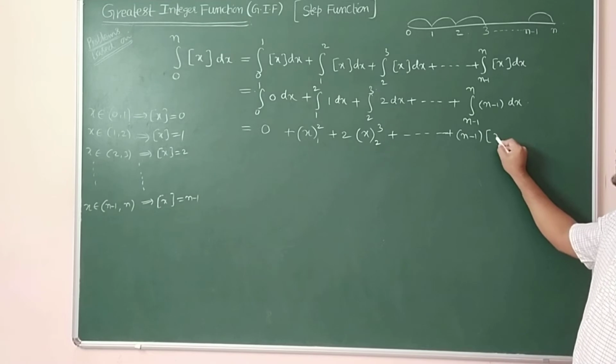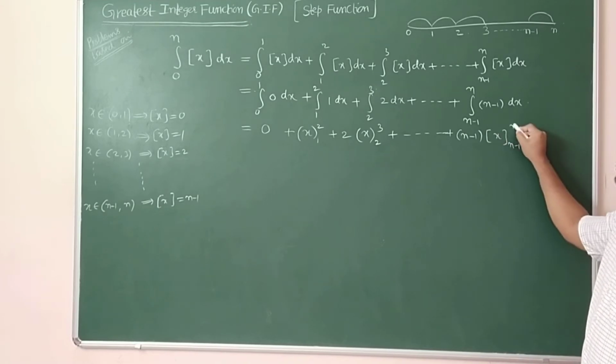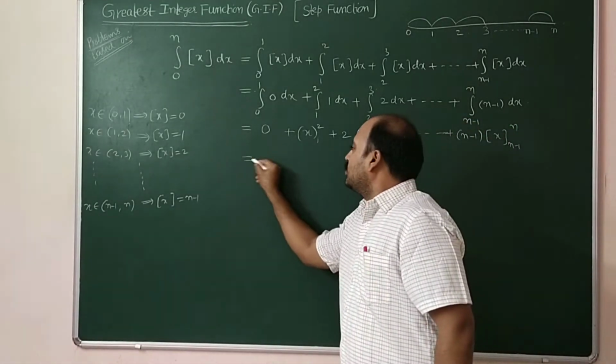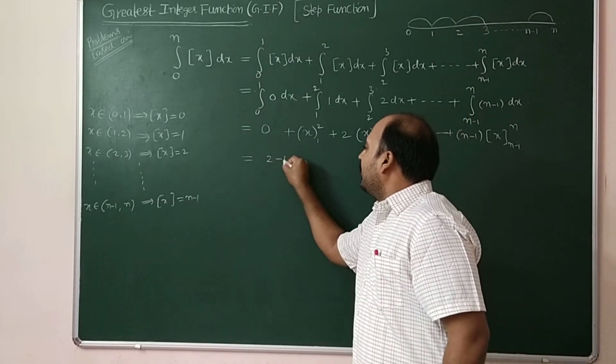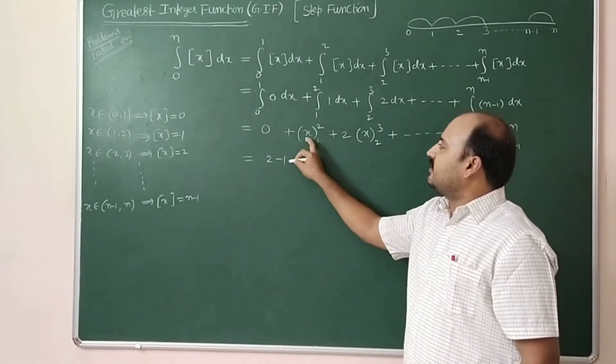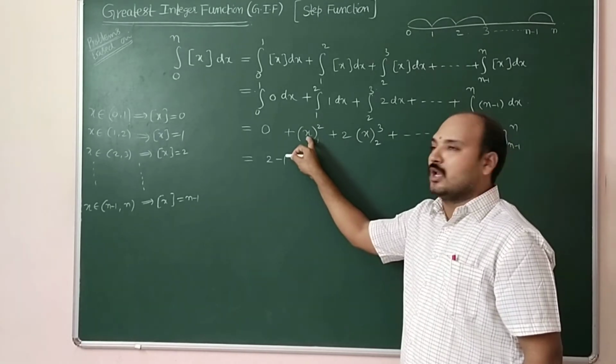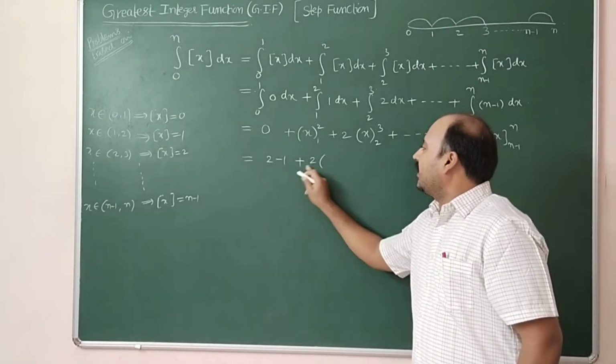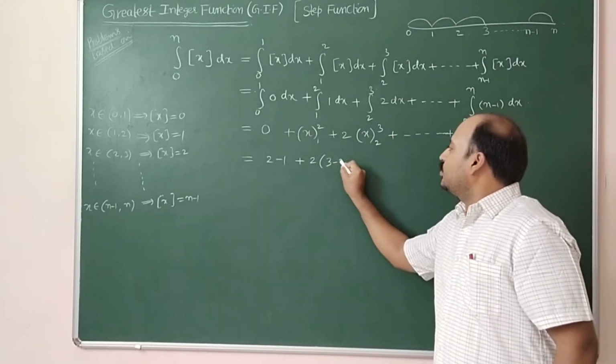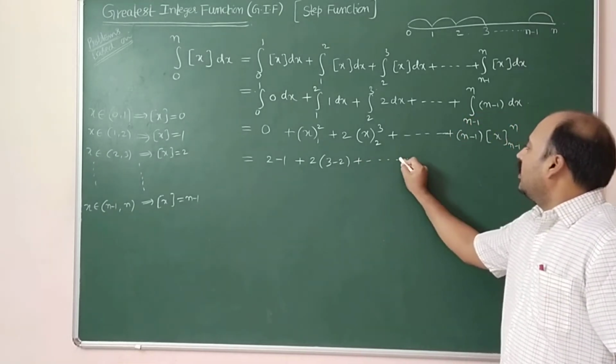Integral dx is x, applying the limits n minus 1 to n. So which is equal to 2 minus 1, upper limit minus lower limit. 2 in place of x, substitute upper limit minus lower limit. Plus 2 into, keep bracket, 3 minus 2, plus and so on.